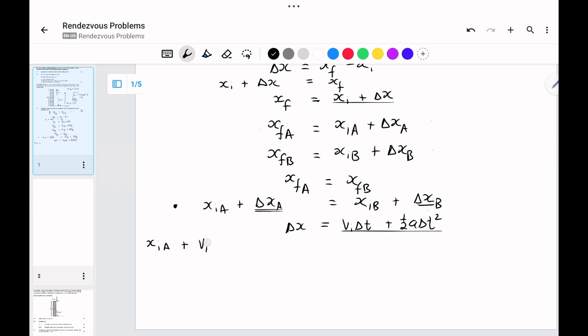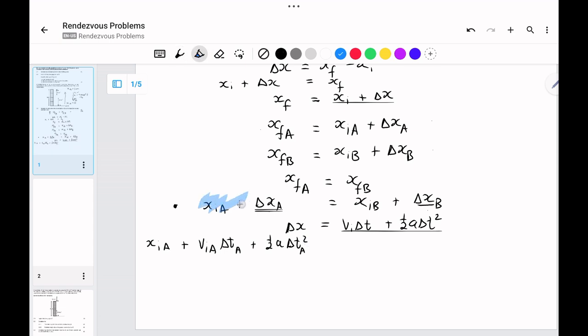It's the initial velocity of A times the time for A plus 1/2 the acceleration times the time for A squared. What I've just done is written an alternate expression for what I've just highlighted. And in particular, this thing I said is all of this.